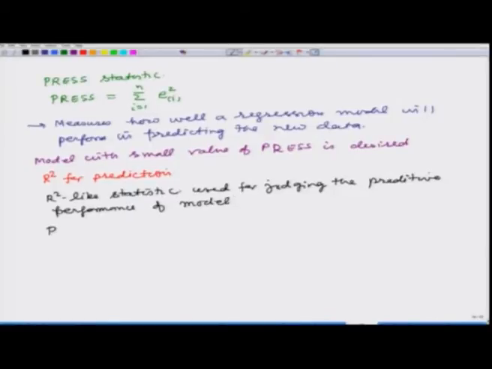And this is defined as, say, R square. Let me write it, R square prediction.